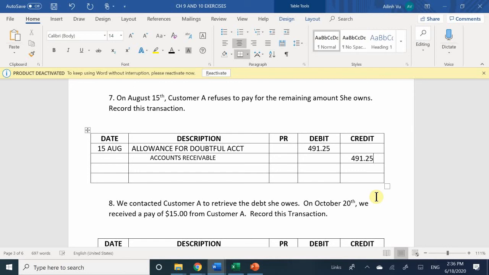Should the sales tax be included when someone bounces a check or owes us money? Should we take the sales tax out of it? That's a good question.